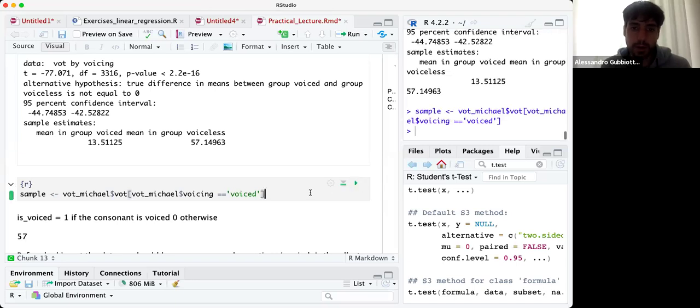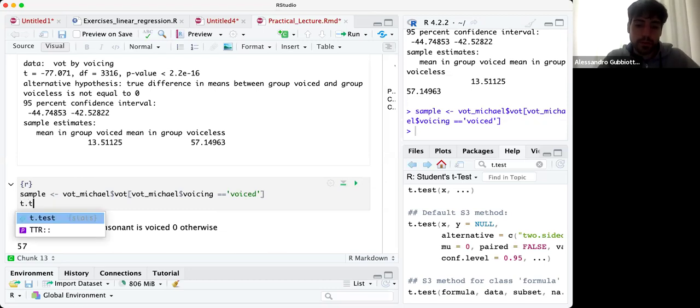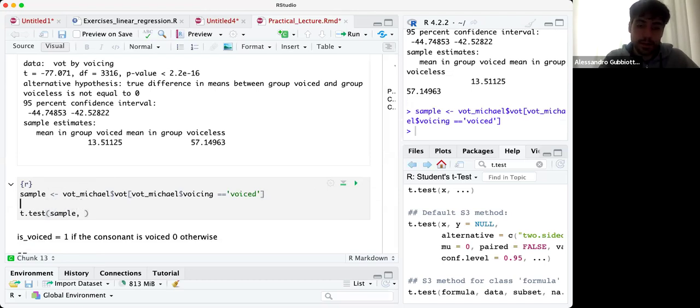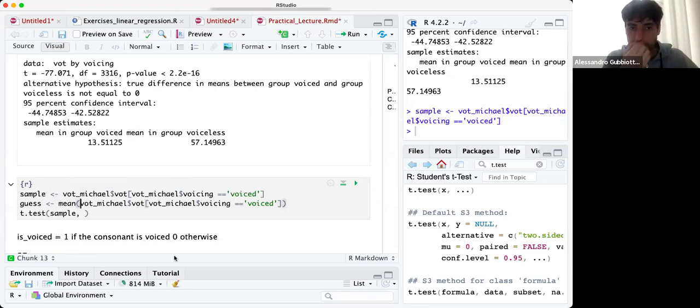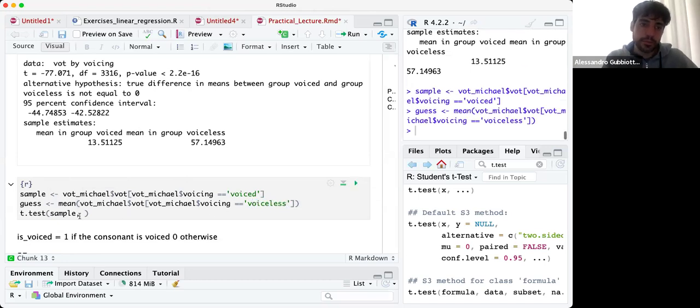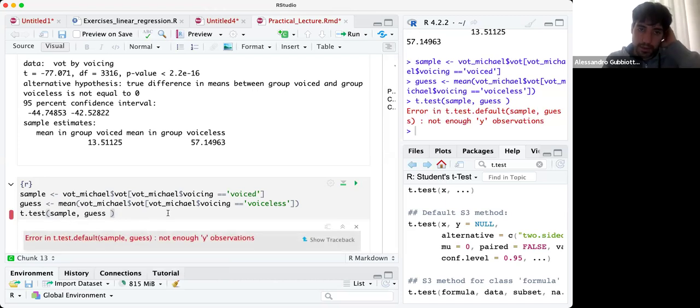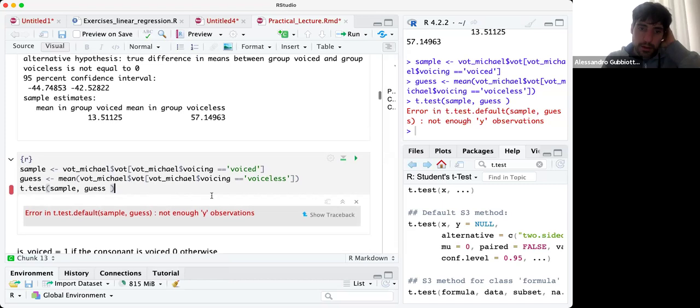To perform a t-test using this sample, we need a guess for the mean, which would be the mean onset time of a voiceless consonant.